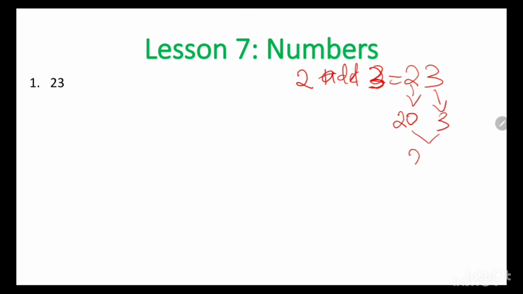So you have 23, okay? That's 23, and how do you write it? 23, okay? If you got it right, if you spelled it like this, then you are correct, okay? Let's look at the next number.